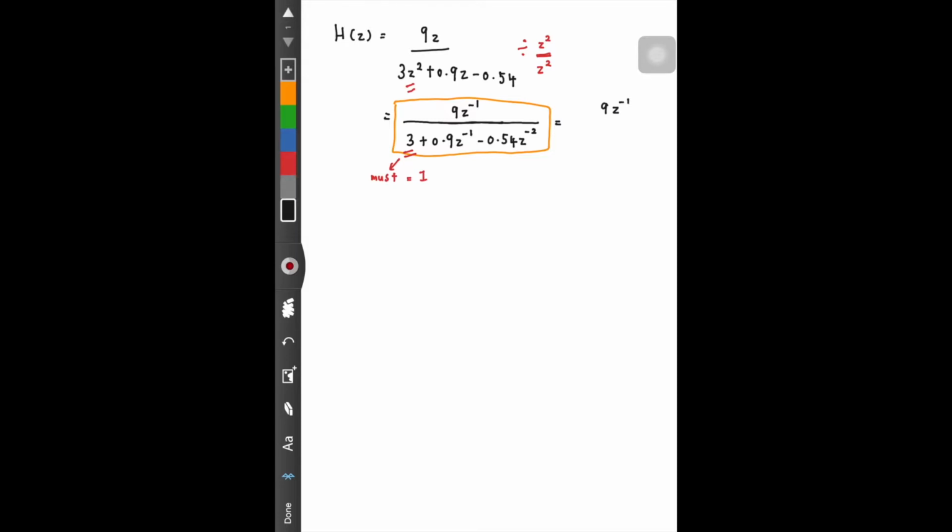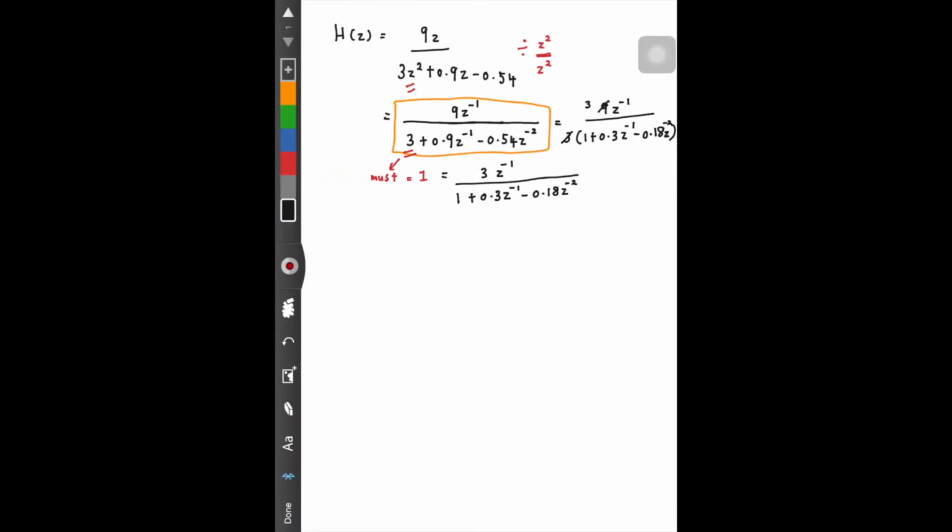This part will become z minus 1 over, you factor out, so you have 0.3 z minus 1 minus 0.18 z minus 2. So you kill this one, so you have 3z minus 1 over 1 plus 0.3 z minus 1 minus 0.18 z minus 2.